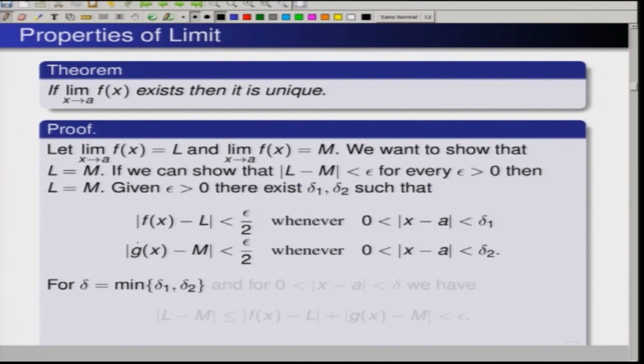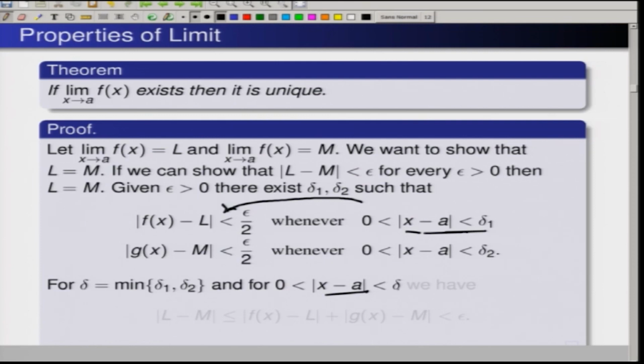If I take delta to be the minimum of delta 1 and delta 2, then what we see is that if |x − a| is less than delta, then |x − a| is less than delta 1. This will imply that |f(x) − L| is less than epsilon/2.